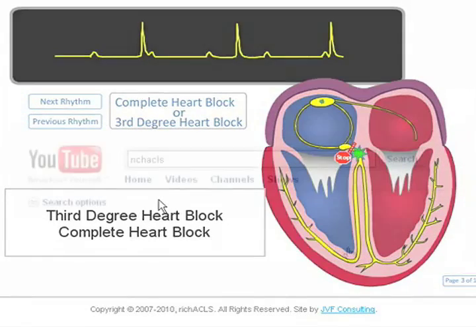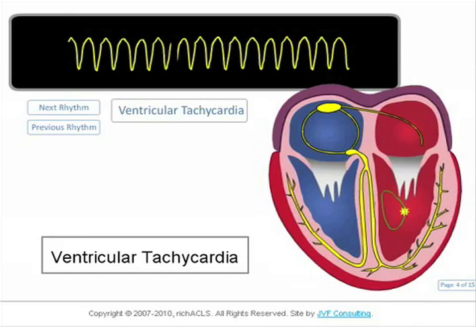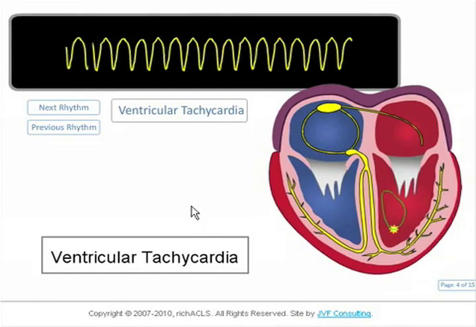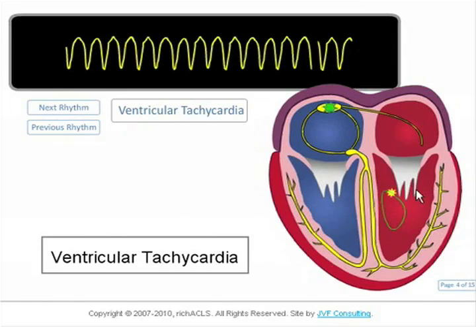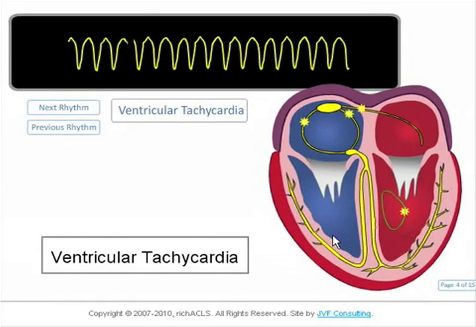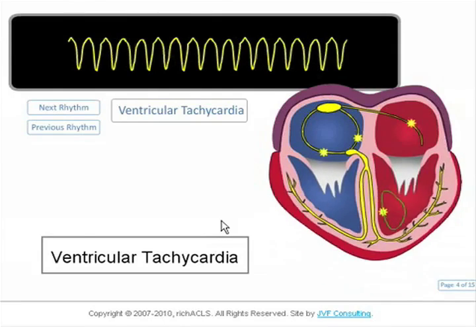Ventricular tachycardia, like supraventricular tachycardia, is often generated from a re-entry pathway. When the re-entry pathway is innervated, it initiates a pacing impulse which rapidly fires off the cardiac muscle.